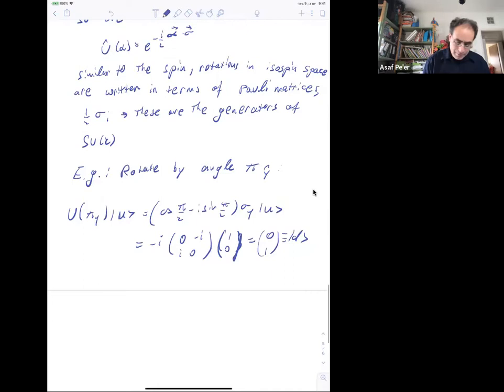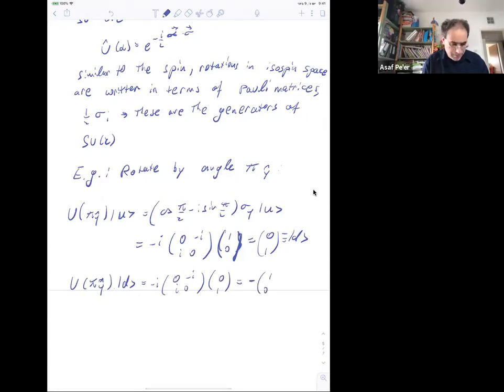If I rotate the down state by pi along the y-axis, again it's minus i times sigma_y. The down state is (0, 1). I'm going to get (-1, 0), so it's minus the up state.